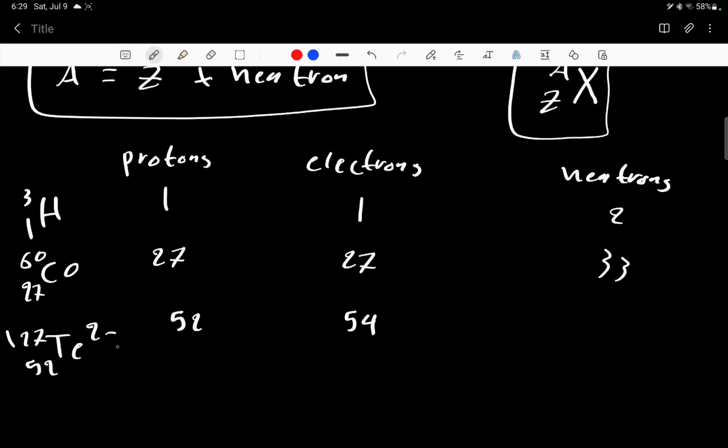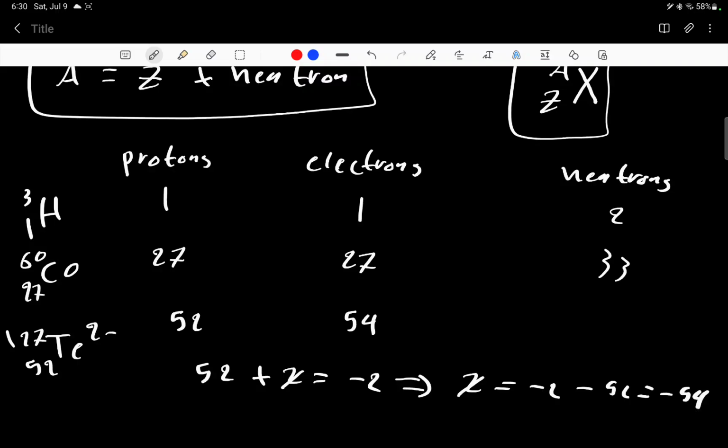If you are wondering how we can calculate the number of electrons, then we can just simply say that the number of protons, which is 52, plus the number of electrons, let's say x, is equal to minus 2 because we have a minus 2 sign here. So that is gonna be x equals minus 2 minus 52, and that equals minus 54. And that's why we have 54 electrons.